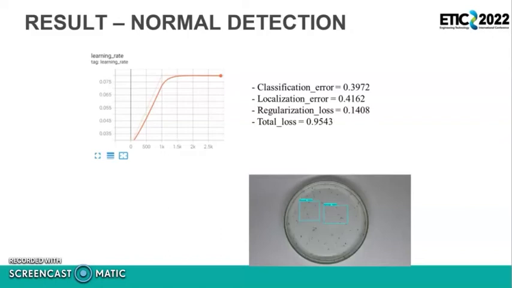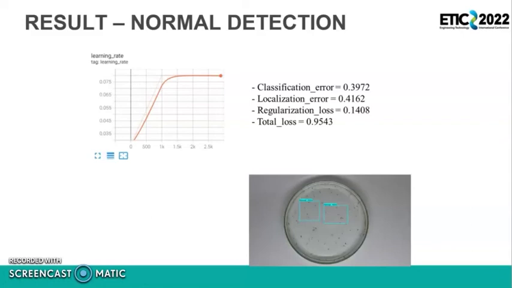The learning rate, batch size, and training step are related to each other. The learning rate controls how quickly the model adapts to the problem, and the batch size is referred to as the number of training examples utilized in one iteration. The smaller the learning rate and batch size, the higher the training step required to train the perfect detector.